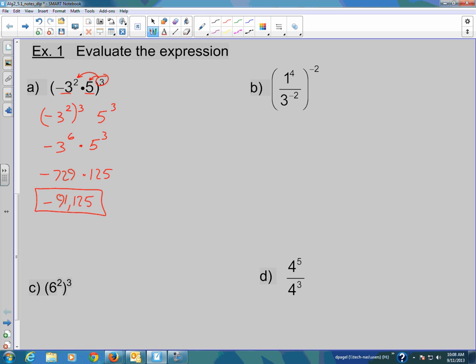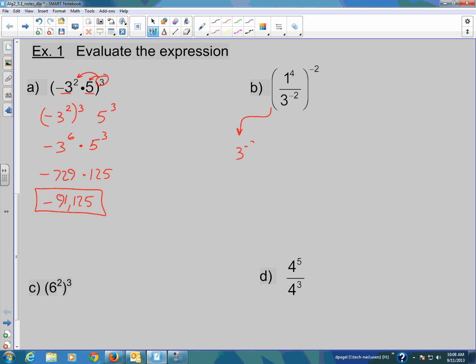All right, on B, we have that negative exponent there. Now, there are 2 approaches that we could work with these negative exponents. We have a fraction or a quotient like this with a negative power applying to the entire quotient. There are 2 things you could do. Thing number 1 is you could just write the reciprocal of that fraction.